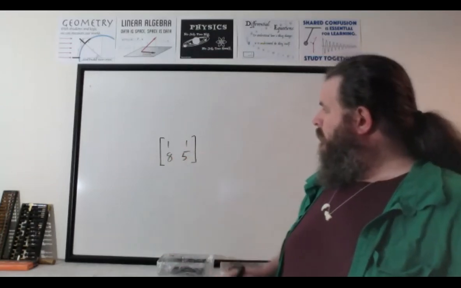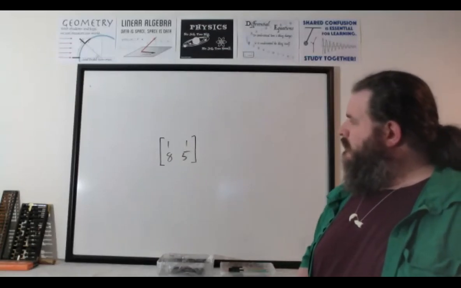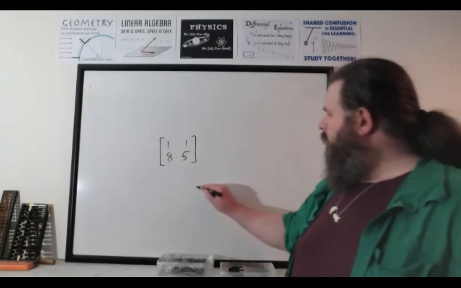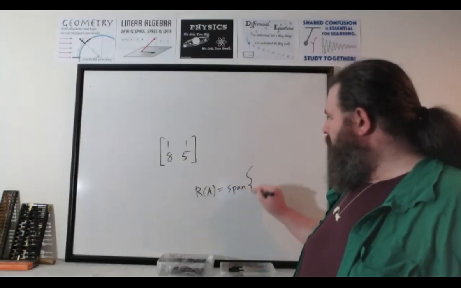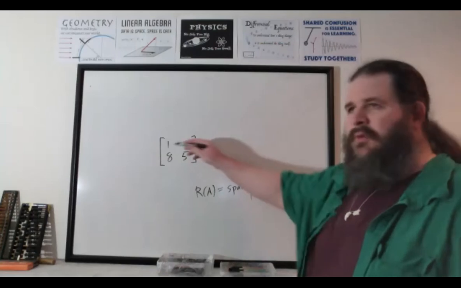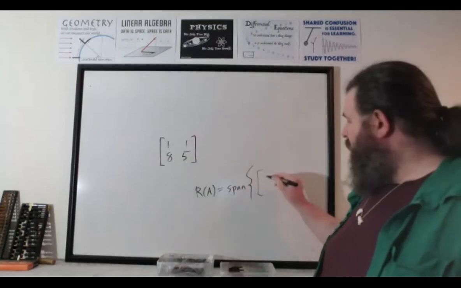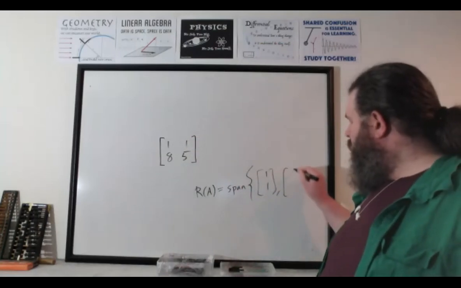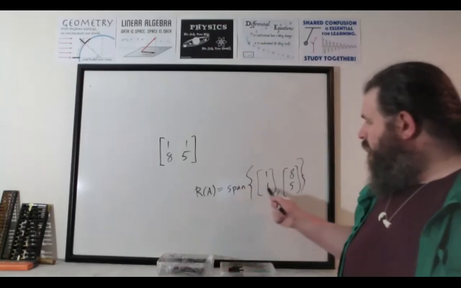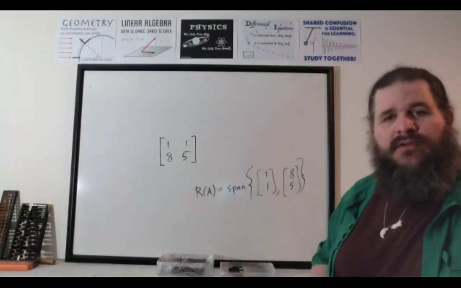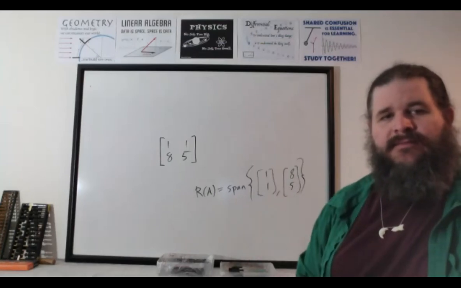Okay. Yeah. In that case, the row space would be the span of, if we take the rows, usually we write these as columns just for convenience, (1, 1) and (8, 5). But if we've got the span of two linearly independent vectors, what's that span going to be?